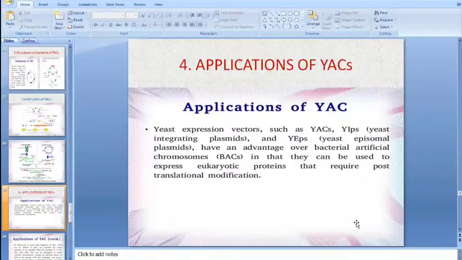One type is the expression vector. There are other vectors which won't express; they are useful only for replication or multiplication of the foreign DNA.